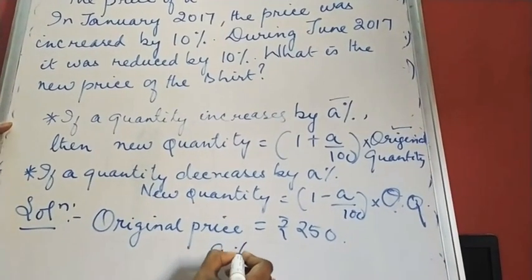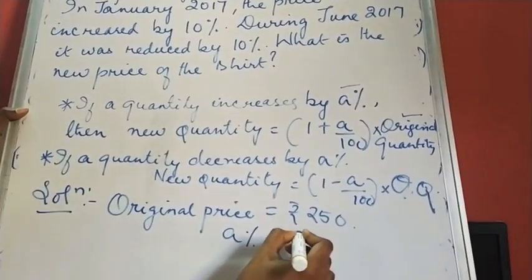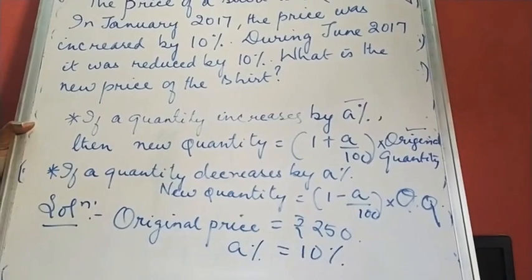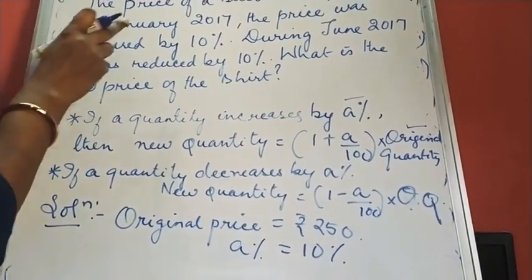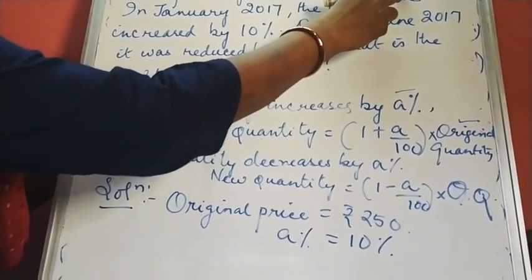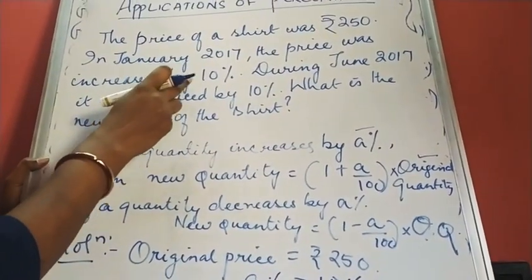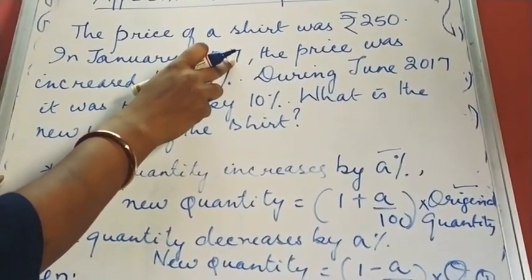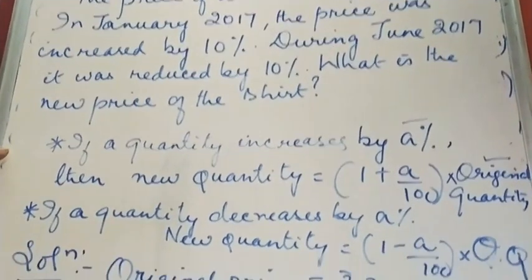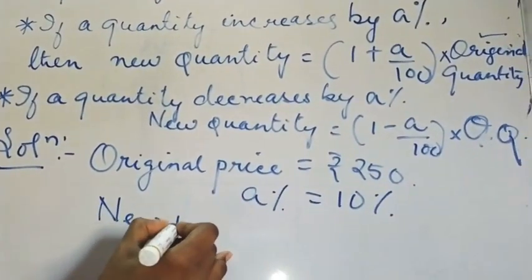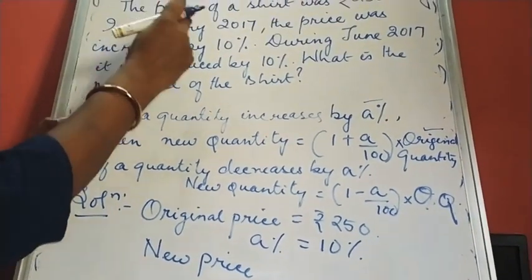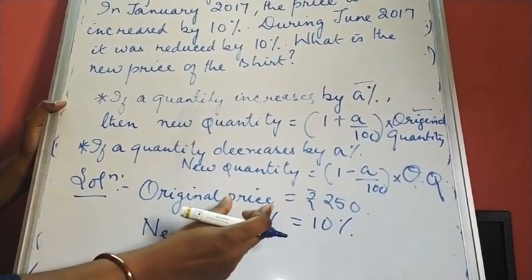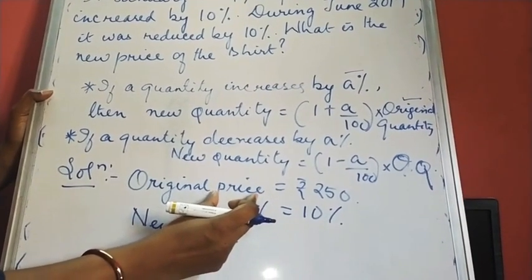So A% here is 10%. When the price was 250 and it was increased by 10% in January 2017, what would the new price be? Because the price has been given, instead of mentioning the quantity, we are writing price.